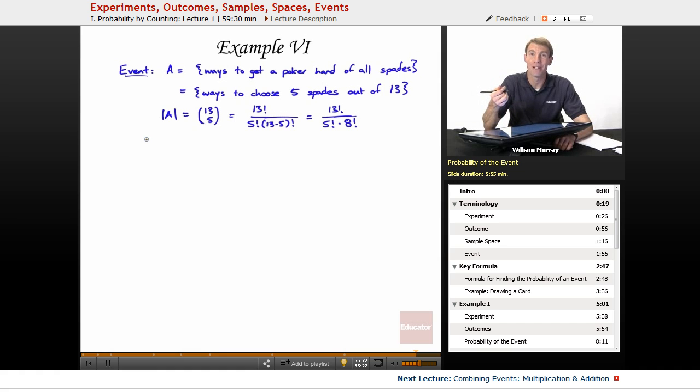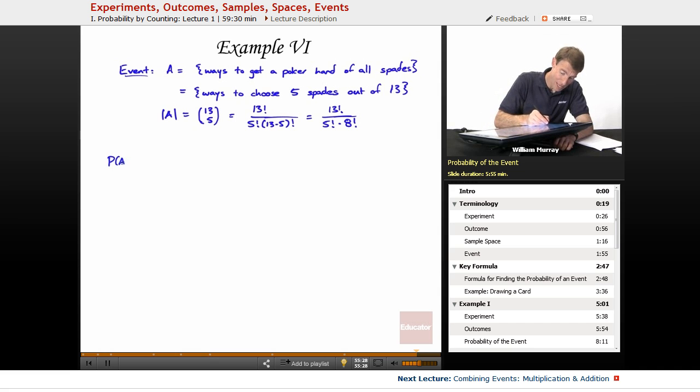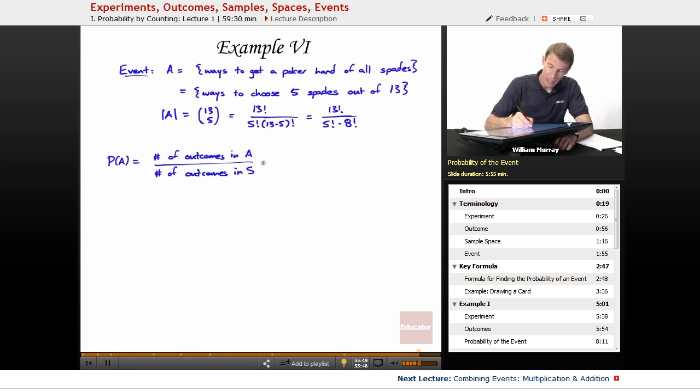So our probability of A is the number of outcomes in A divided by the number of outcomes in S.